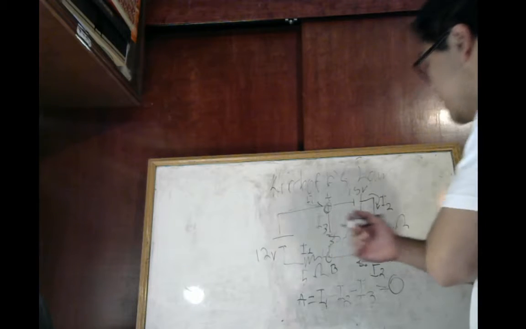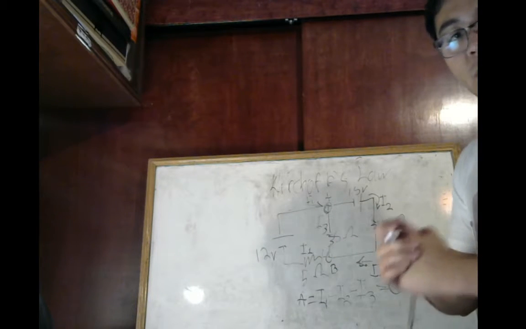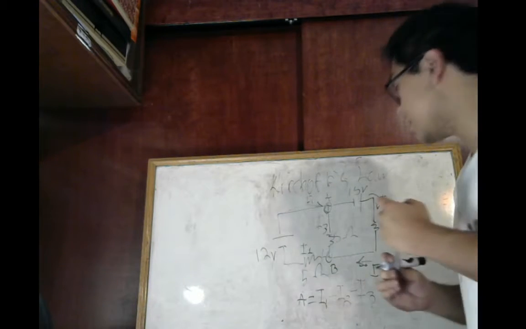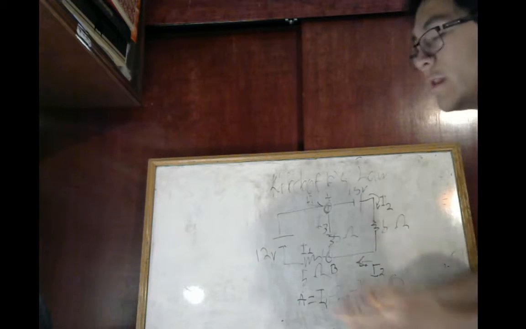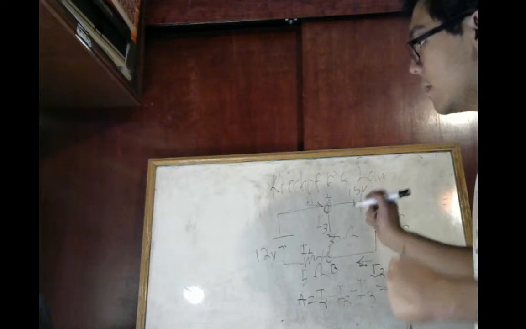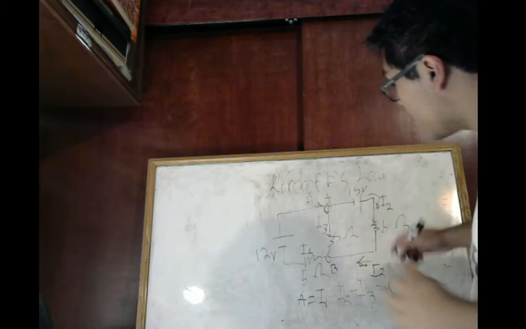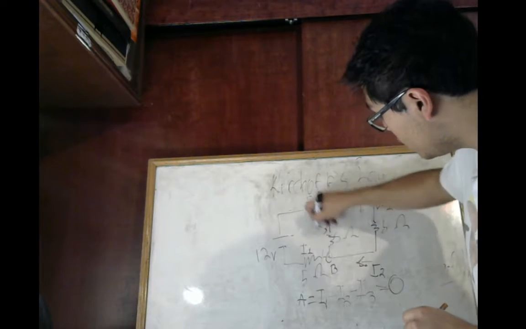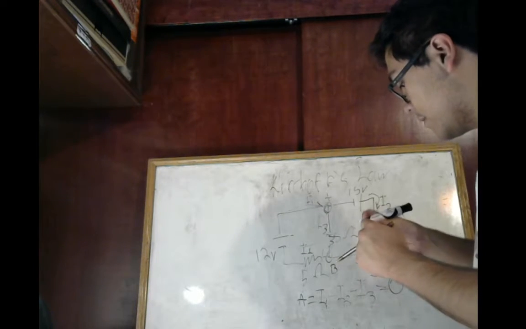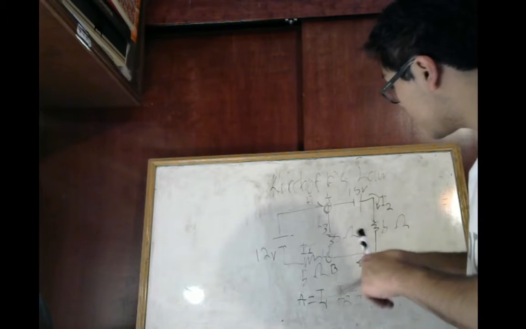Now, the second part of Kirchhoff's law. This is again important. As I said, in the first part, for the current, you will be working with nodes. In this case, what you will be working with is voltage and with loops.